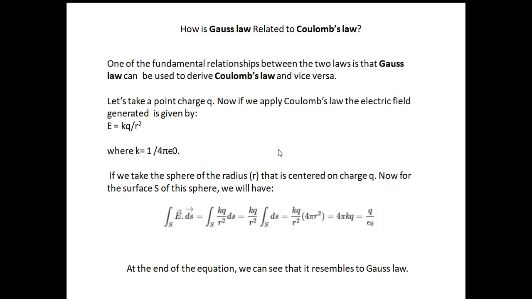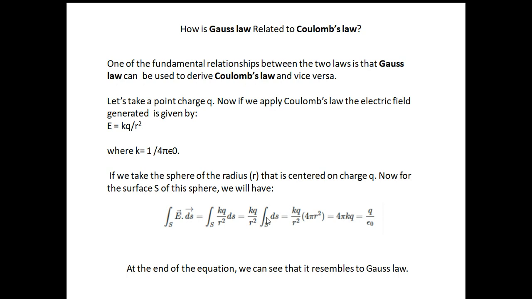Now, take Gauss's law. If we have a sphere of radius R centered on a charge Q, then for the surface S of the sphere, we will have the integration over the surface of E dot dS, which I sometimes refer to as dA also. It will be kQ upon r squared dS.